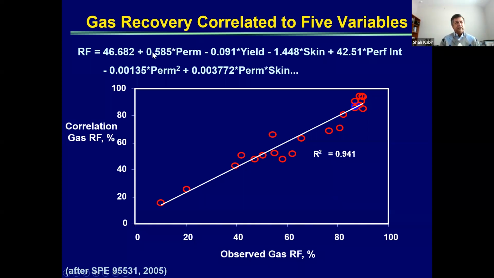But if you want to get additional recovery, permeability matters, and so does the yield, that is the barrels embedded in the gas system. They all have a negative impact, along with skin, perforation interval, and so on. So it gives you a quick idea of what the recovery factor depends upon.